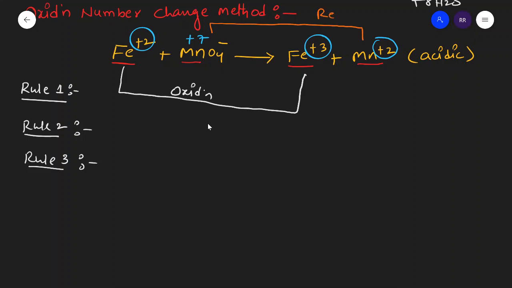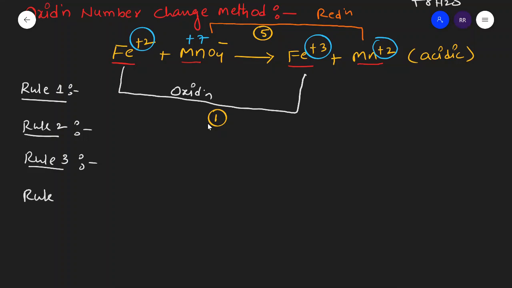This is reduction. Now we have to write, during the oxidation, by how much the element increases its oxidation number. That is plus 2 to plus 3 means it just increases by 1 unit. Plus 7 to plus 2 means it decreases by 5 units. That is rule number 3 done.